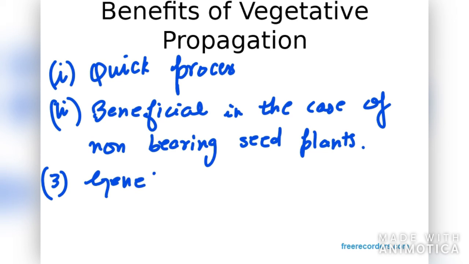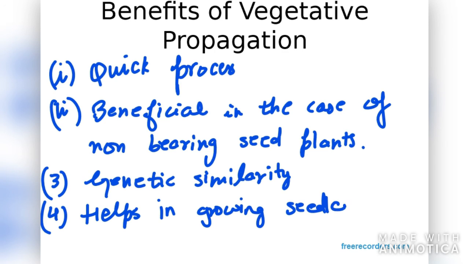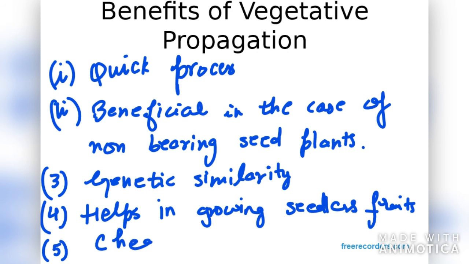The fourth one: helps in growing seedless fruits. The fifth one: cheaper and easier method of growing plants.